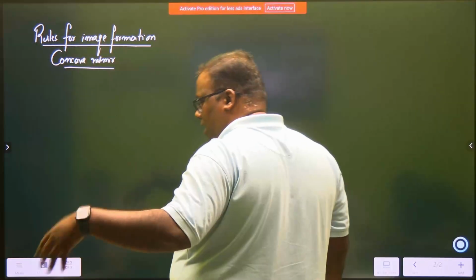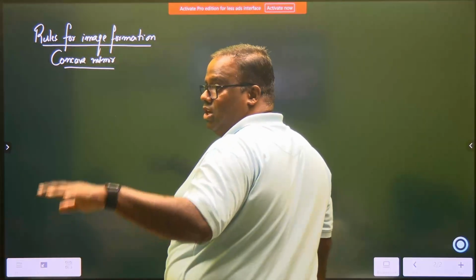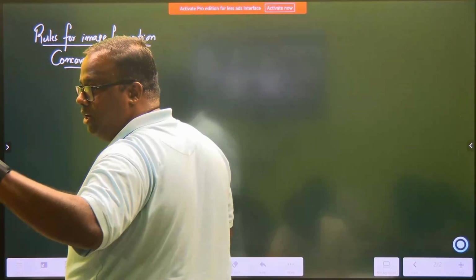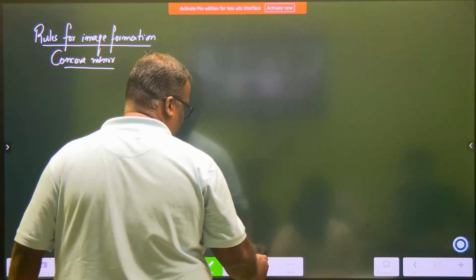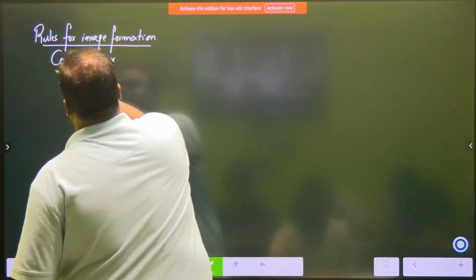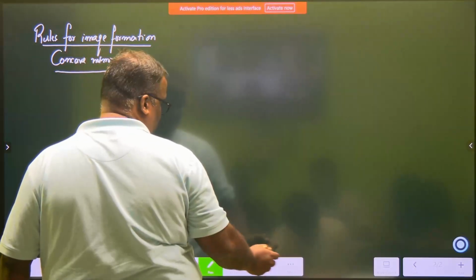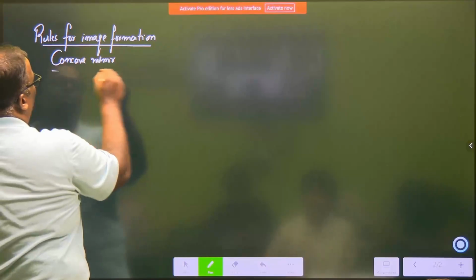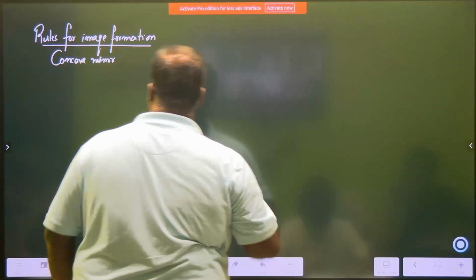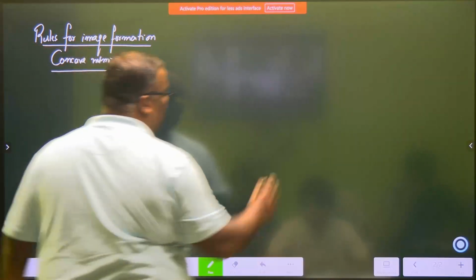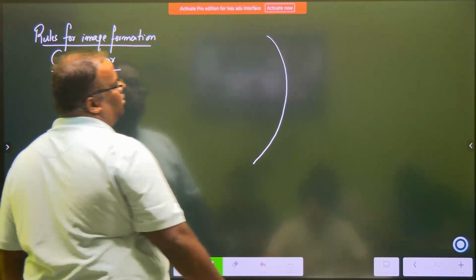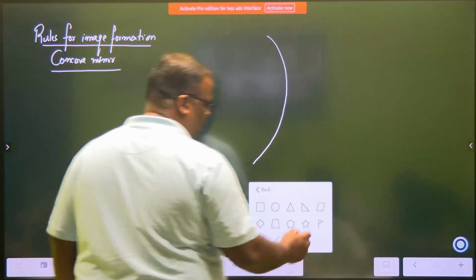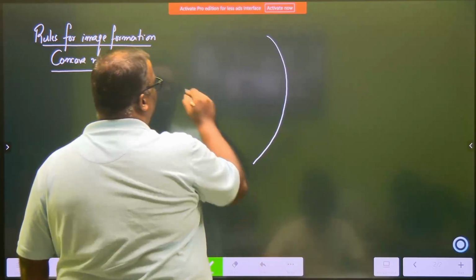If you are drawing along with me, children, please draw. I'll draw one diagram. You draw 5 such diagrams, 4 such at least. And then it will become easy, because we cannot draw all diagrams out here. Here you need to understand first. Look what I'm drawing. This is your base diagram.